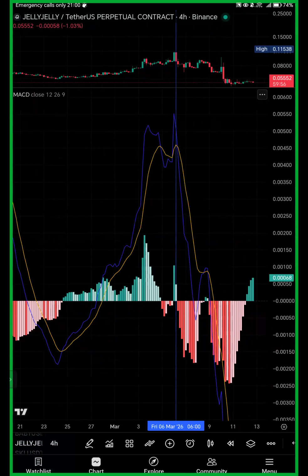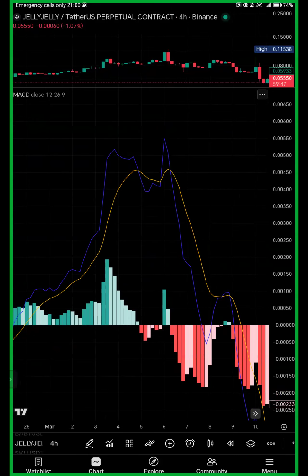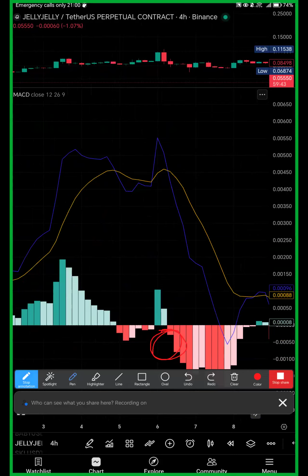Can we get one? Let me see here. Let me remove this line here. Yes, can you see there was a crossover here? Though it was not a clear one, there was a crossover here. After the market came down a little bit, it went back up there. So this crossover is happening above the zero line.